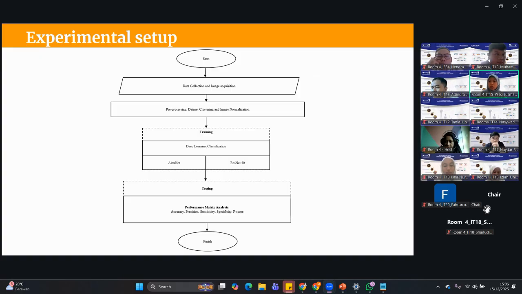To prepare the dataset, the preprocessing stage was performed, including clustering to ensure that the dataset was clean and representative, followed by image normalization to 224 by 224 pixels. For the training stage, 2 deep learning models were used: AlexNet and ResNet-50. After the training stage, the performance was evaluated using accuracy, precision, sensitivity, specificity, and F-score.